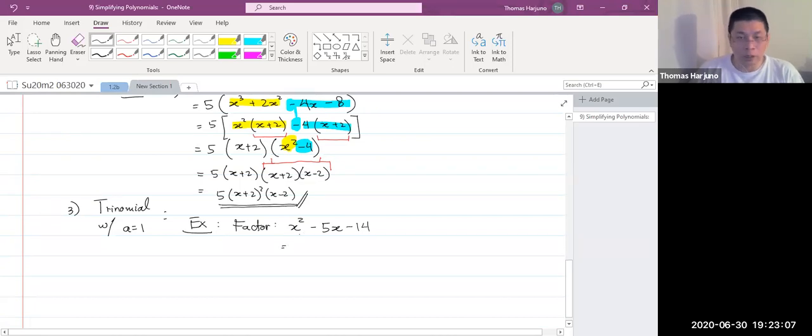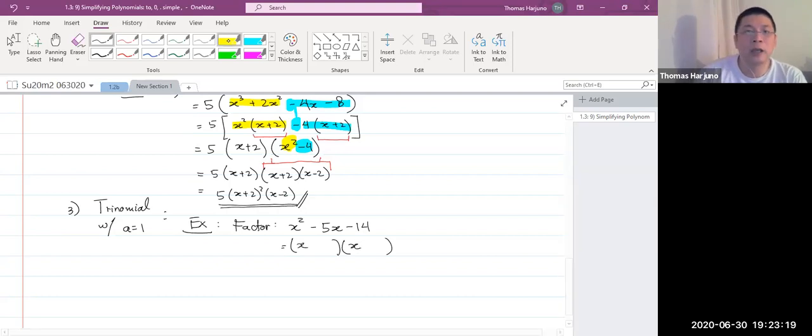Because it's trinomial, if it is factorable, then it must be 2 parentheses. 2 parentheses must be x and x here. And the last sign is negative, so these two numbers must be opposite signs. So let me put plus minus right away. That's the only way to get negative number as a constant.